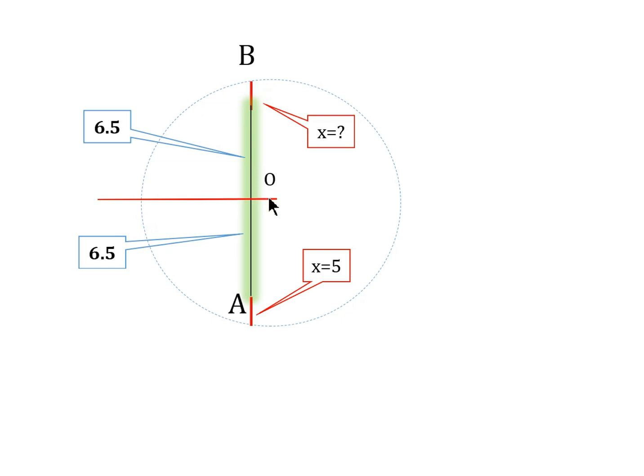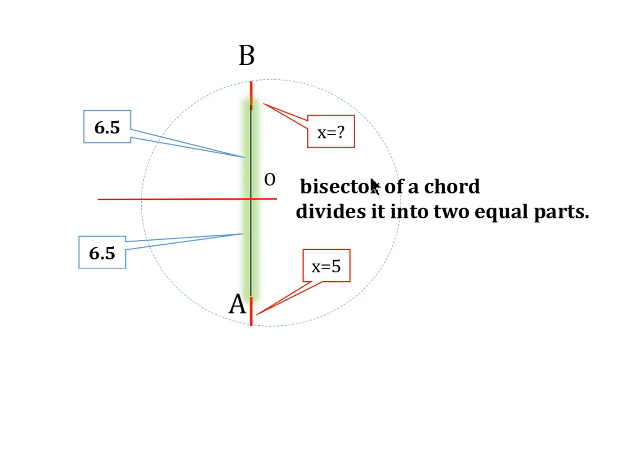And this AB is another chord, and obviously this red line is the bisector. Indeed, the law said the bisector of a chord divides it into two equal parts, right? It means that OA equals OB. This bisector will split the chord AB into two parts, one is OA, another is OB.